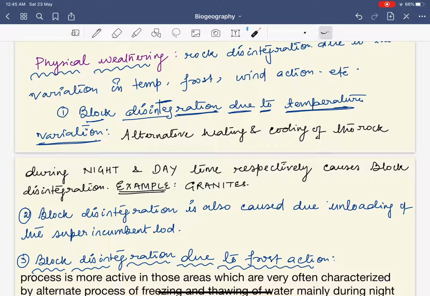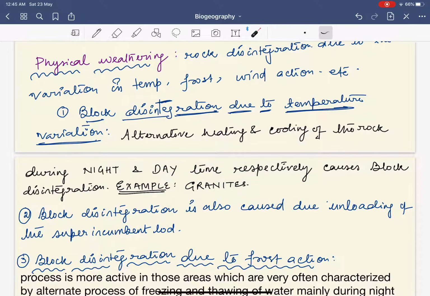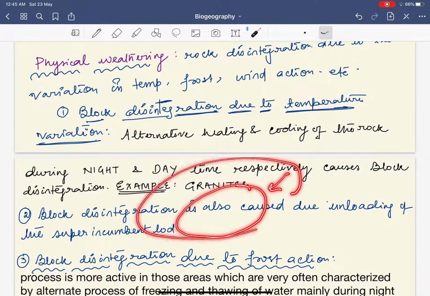See, understand this. What is this block disintegration? Suppose this is your rock. In the daytime it will be warmer, hence it will expand. In the night time it will be cooler, hence it will contract. This expansion and contraction results in what? In your block disintegration.